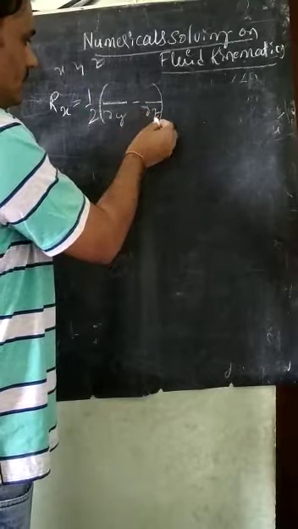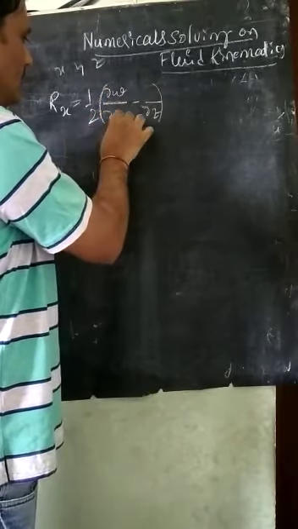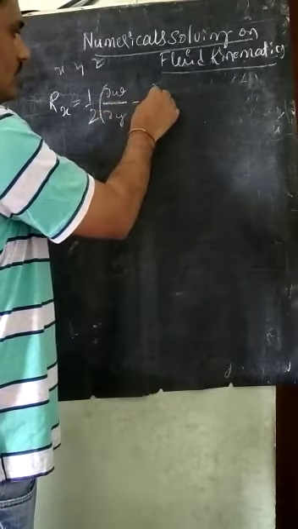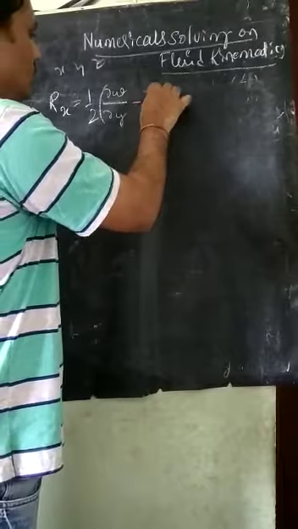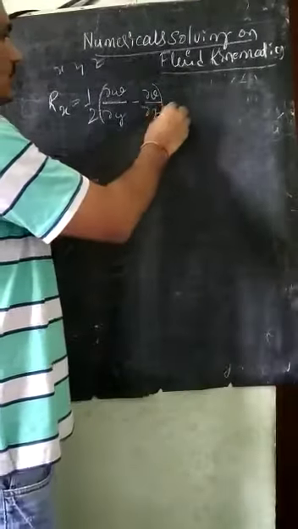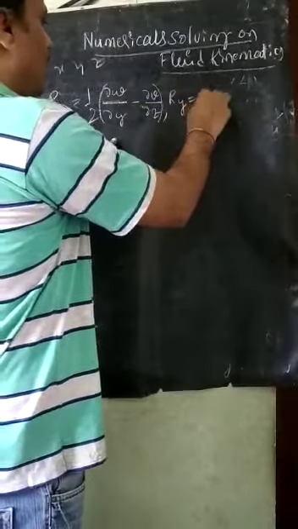With respect to the z direction the velocity is w, and with respect to the y direction the velocity is v.